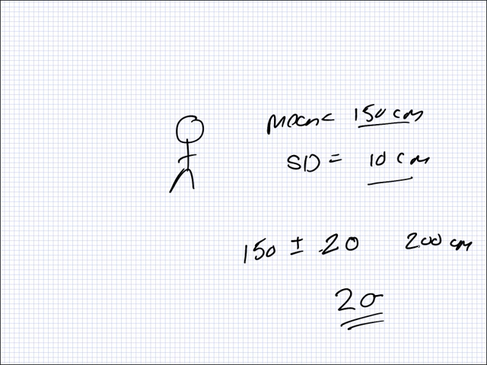How many standard deviations away from the center is this person? 5. Because the center is 150 and they're 200, so there are 5 of these away. Yeah. They kind of like to ask that in the exam. A typical question might be for like 1 mark.